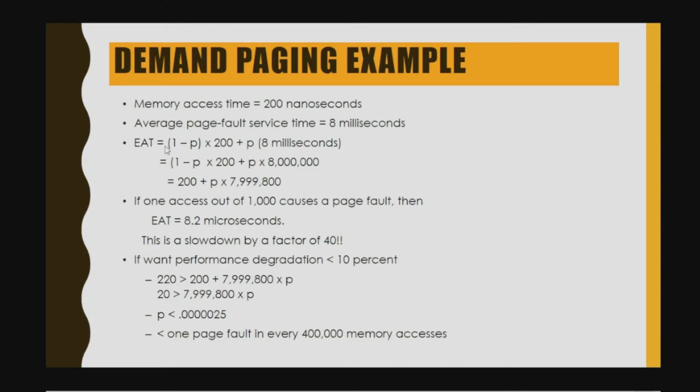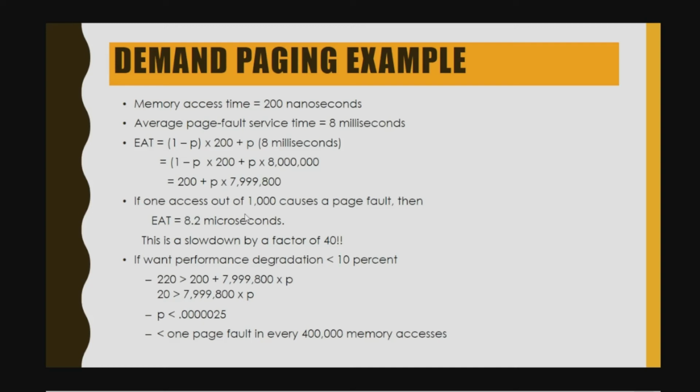So EAT equals (1 − p) times 200 nanoseconds plus p times 8 milliseconds. You need to convert 8 milliseconds to the same measurement, nanoseconds, so here you will get this value.